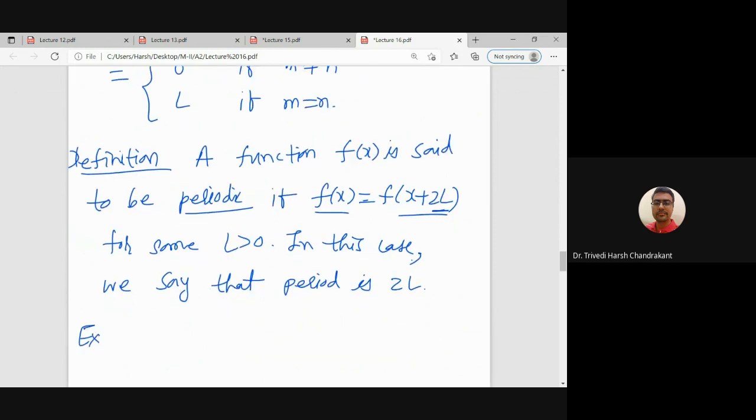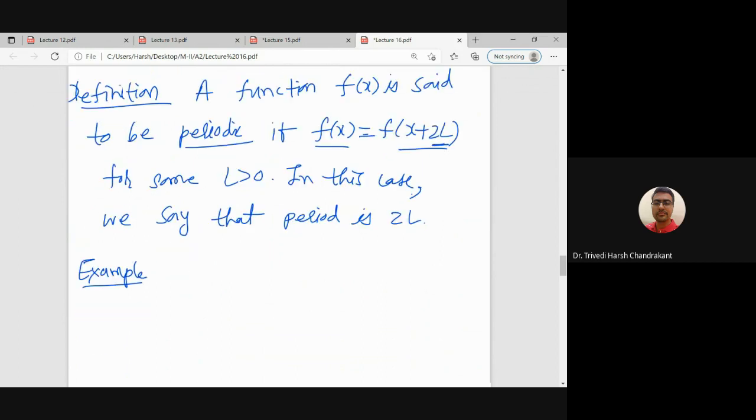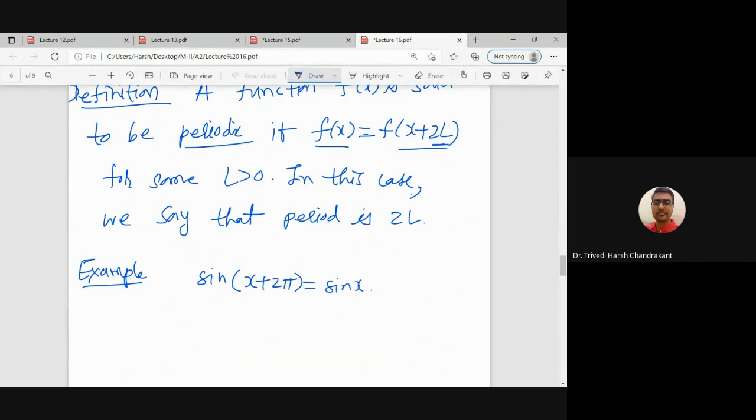For example, we know the sin x and cosine x functions. What is the period of the sin x function? Sin(x plus 2 pi) is sin x, right?